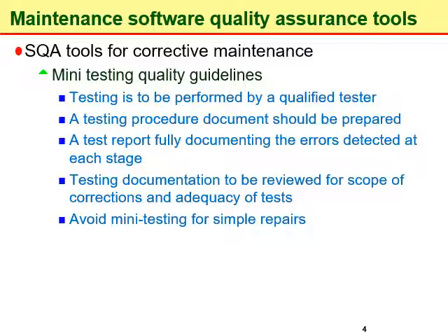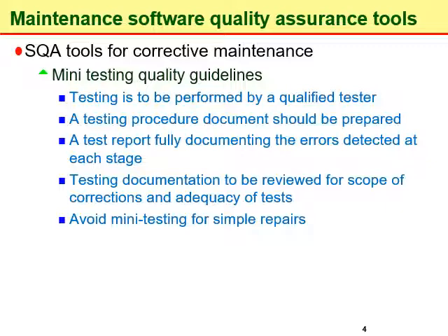A retesting procedure document similar to the testing procedure document should also be prepared to handle the testing of repairs of errors detected in the previous tests. Then another guideline is that a test report fully documenting the errors detected at each stage of testing and retesting should be completed.